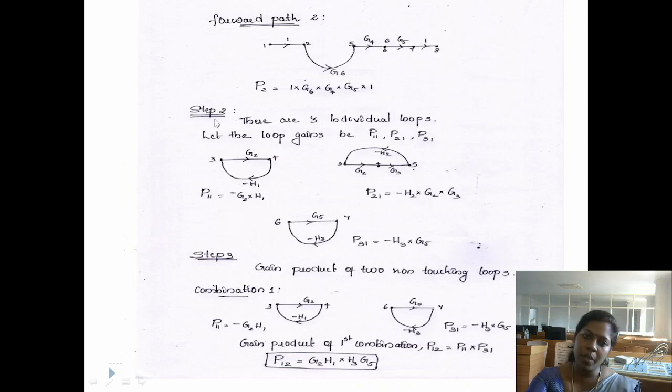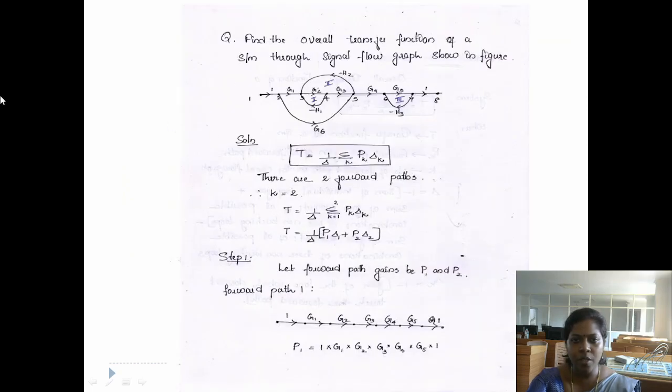Now step number 2 is the individual loop gains. So we have to check how many individual loops are here. An individual loop means a loop which starts from one node and ends at the same node. So you have to check the arrow marks. Here we can see node 3 starts, goes to 4 and again ends in 3. So this is our first loop.